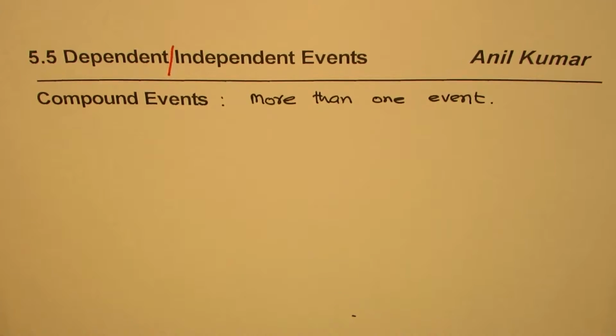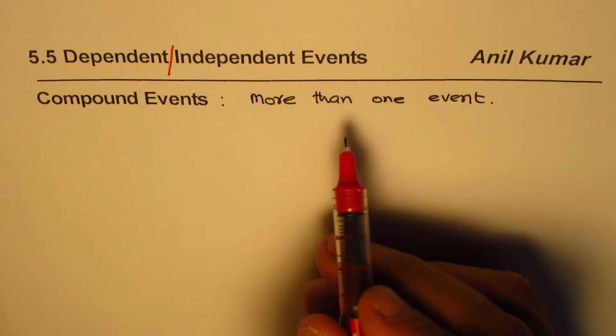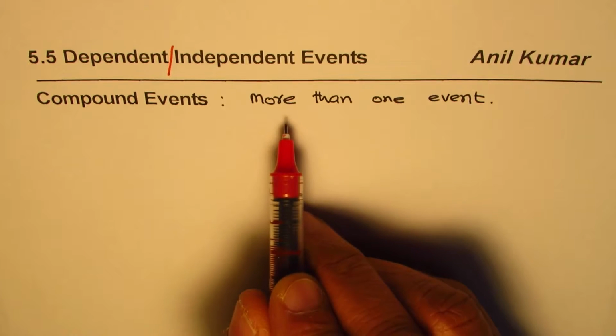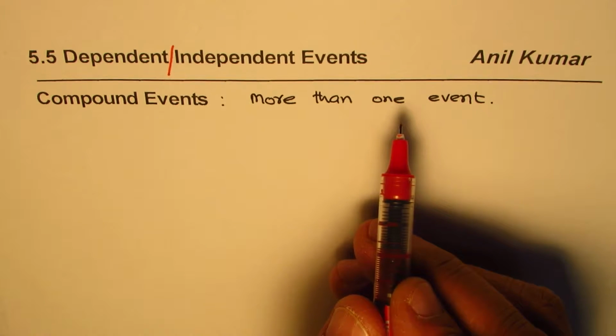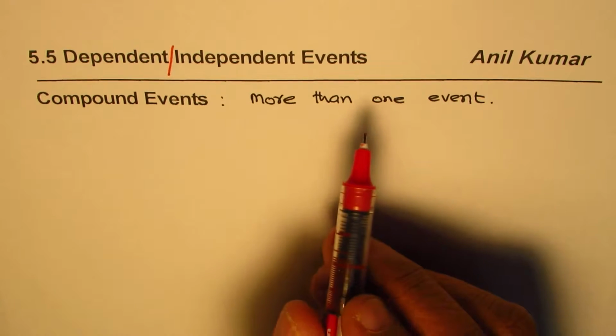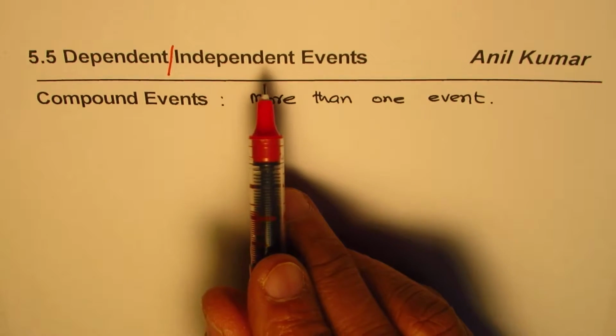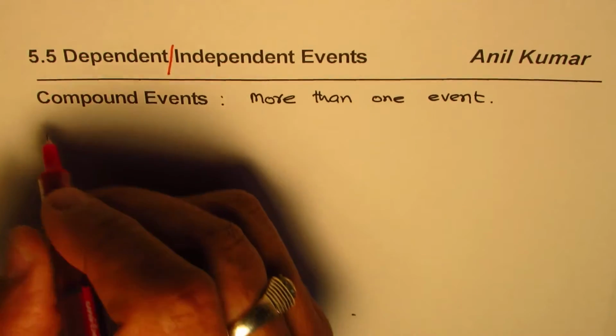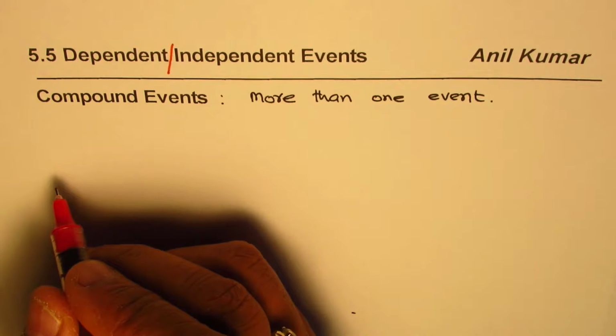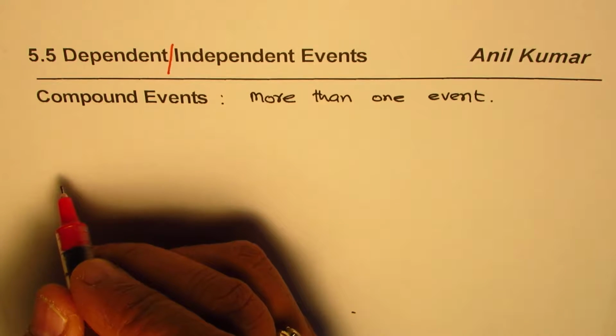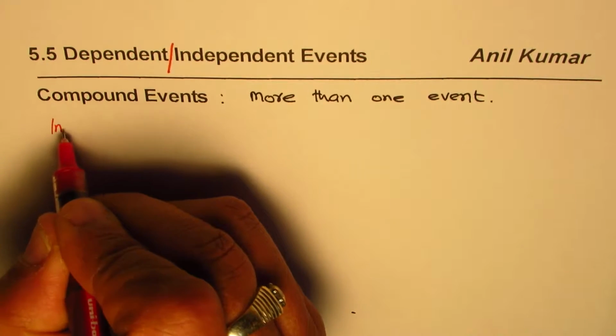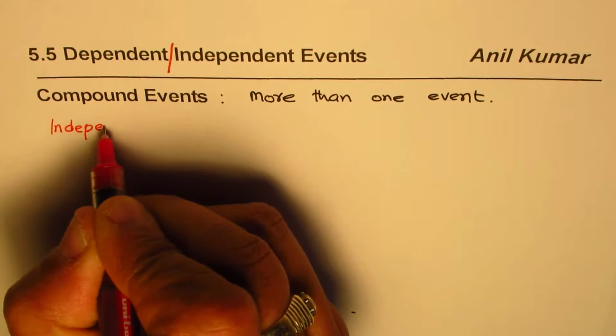Now, whenever there is more than one event, there could be an influence of the result of one event on the other, right? So that makes things dependent or independent. When we say independent events, let me write down independent events.